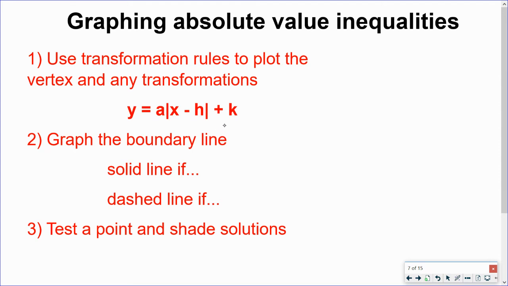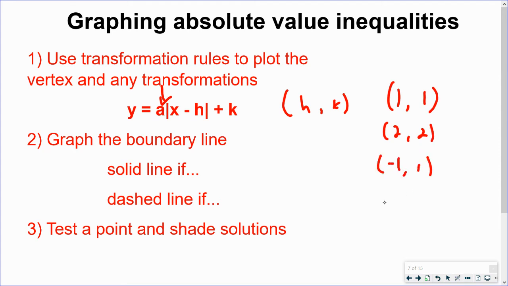So if I have this format, the thing I look for is what's the vertex. The vertex is going to be h comma k. And a tells me the stretch. Remember, normal goes 1, 1, 2, 2, -1, 1, -2, 2. So I'm going to apply that to these.